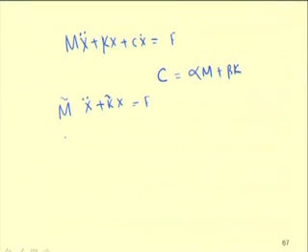Now, multiplying by m inverse, x double dot plus m inverse k x will be equal to m inverse f.